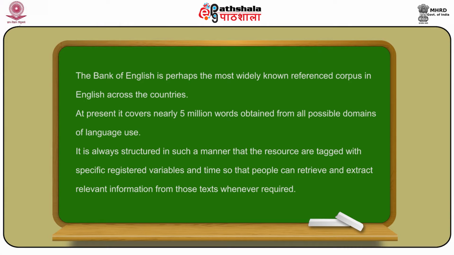So, it is always structured in such a manner that the resources are tagged with specific register variables and time so that people can retrieve or extract relevant information from those texts whenever it is possible.